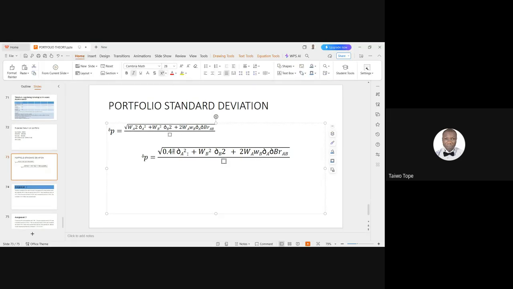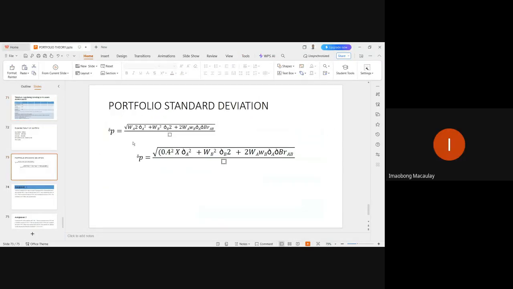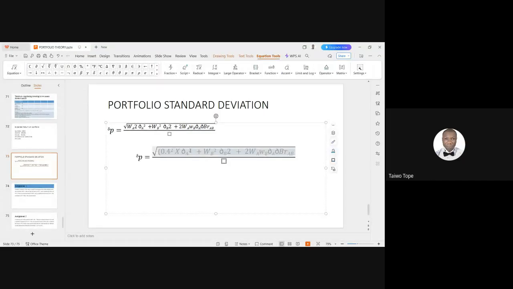The standard deviation of security A is what? 10%. Let's go to the question. So when you write 10, what will happen? Square it, right? 0.10 squared. Yes.